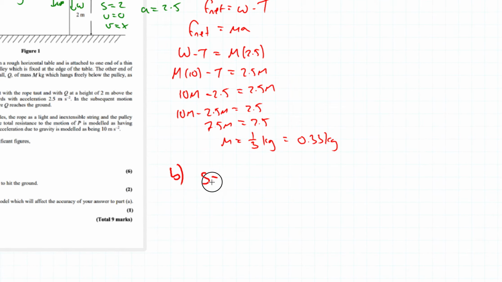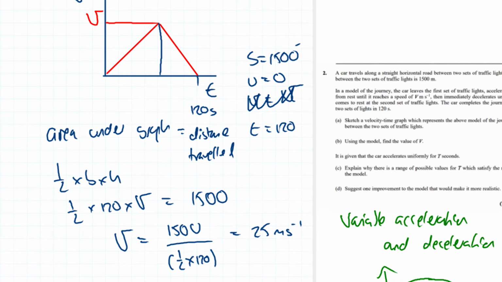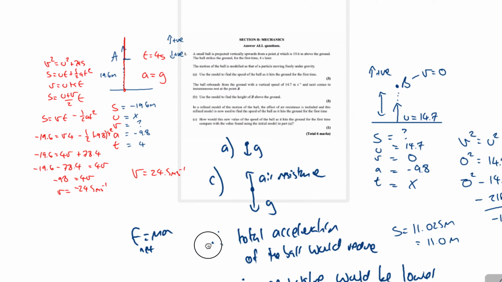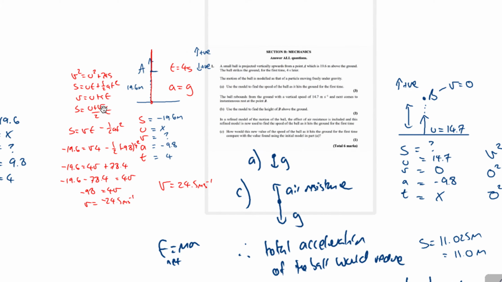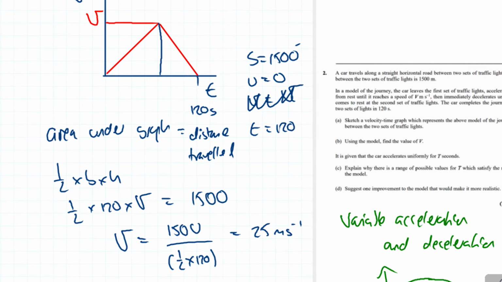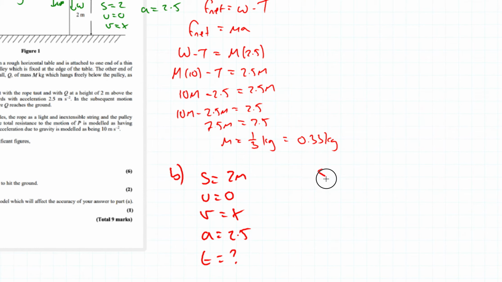Q travels 2 meters to hit the ground. It starts from rest. The velocity, we don't know. Acceleration is 2.5. And our time, we want to know. So if we go back to our SUVAT equations, we're looking for one that does not have velocity, and we need to find time, so it's going to be s equals ut plus half at squared, because it doesn't have the final velocity.